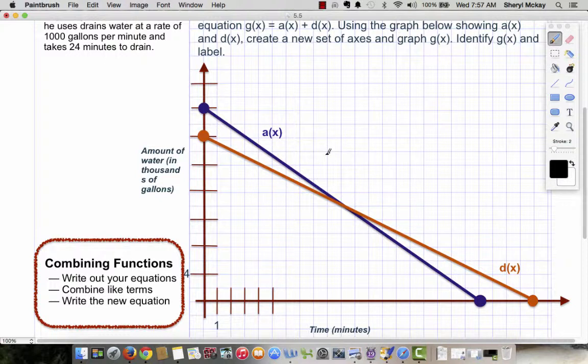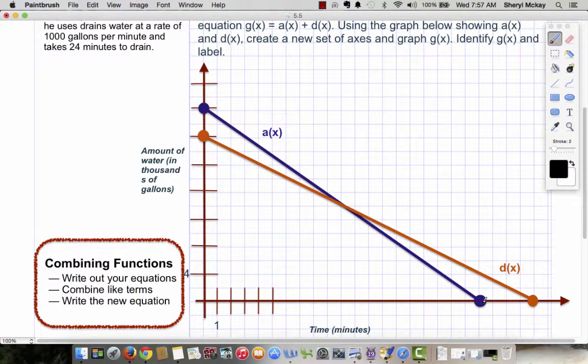We need to be able to understand what this is saying. Here is where Allie's pool is at the beginning, the amount of water in the pool when she hasn't drained anything. Then she starts draining water, and it's going down at a consistent rate, a constant rate of change.